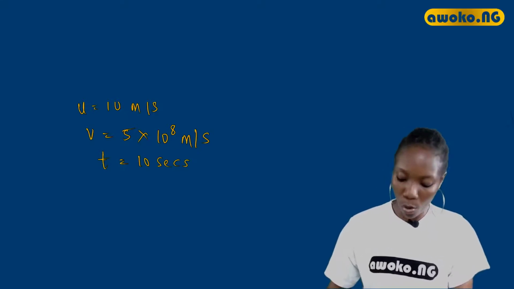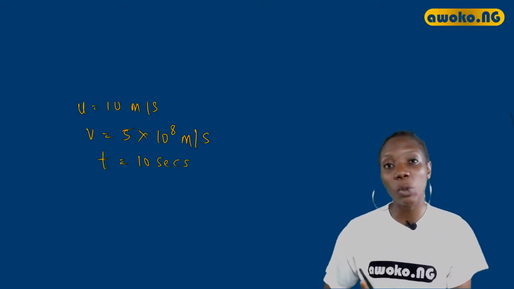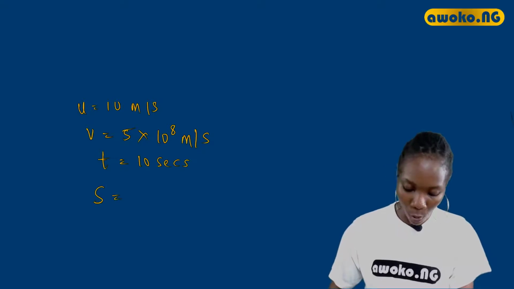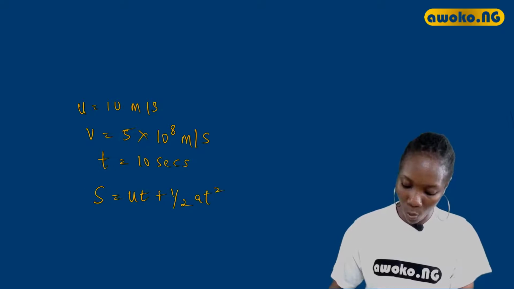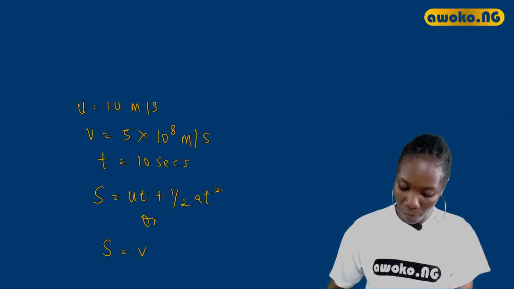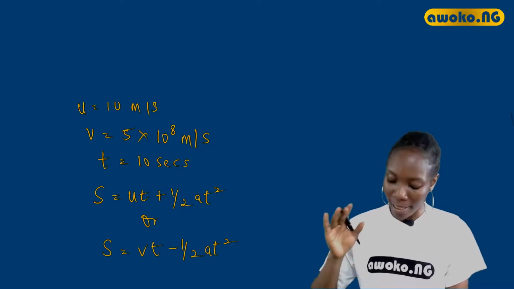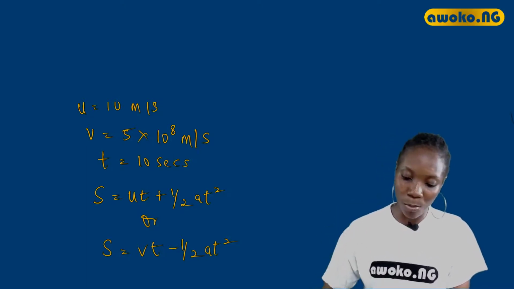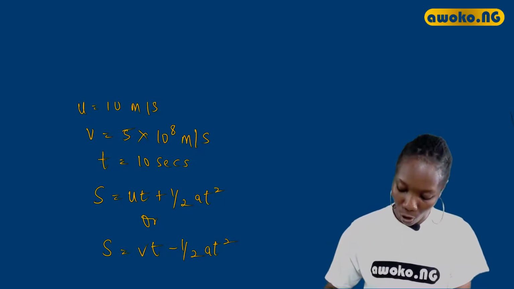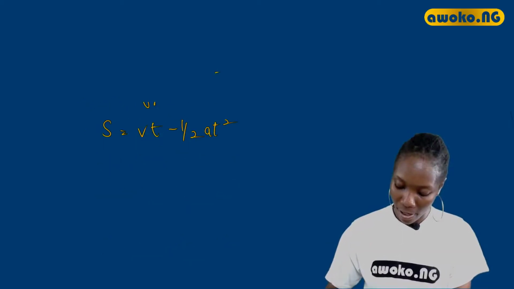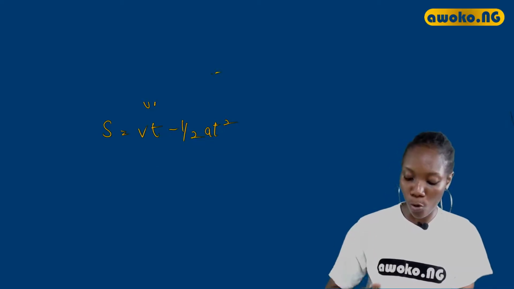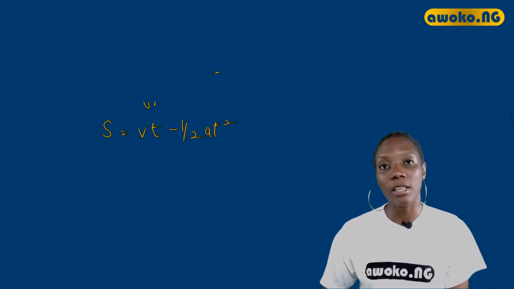So what we're going to use is one of the equations of motion, which is S equal ut plus 1 over 2 at squared, or we can use S equal vt minus 1 over 2 at squared. Any of them you use is going to still give you the same result.